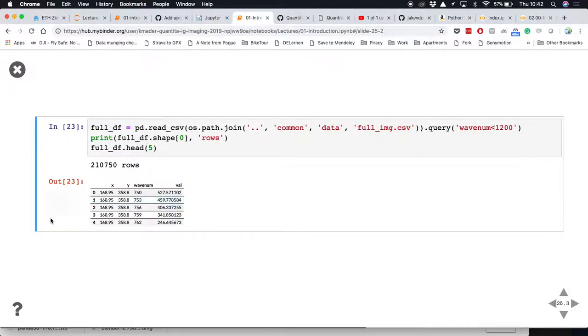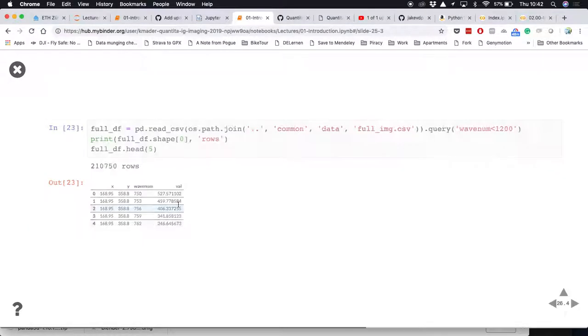And so what that gives is we have an x coordinate, a y coordinate, a wave number coordinate, and then a value. It's actually a huge amount of information to process because you have all of this different information together. And how do you visualize that sort of 3D mess of data?